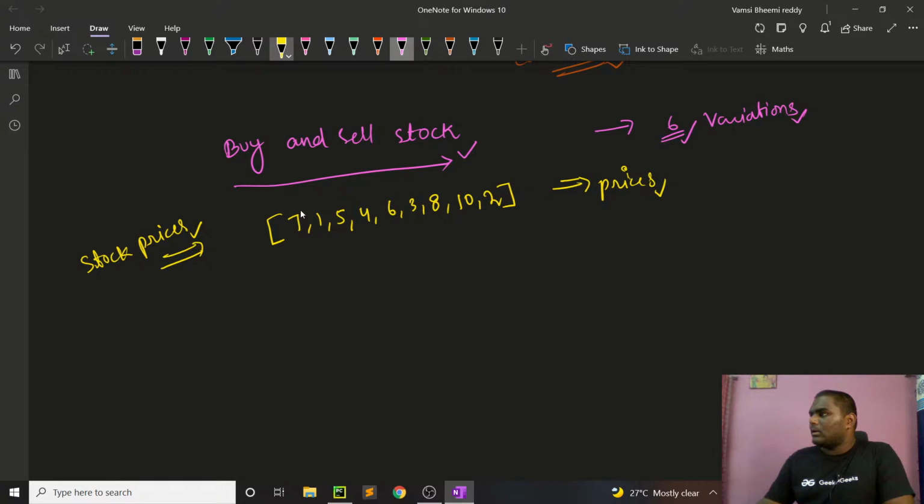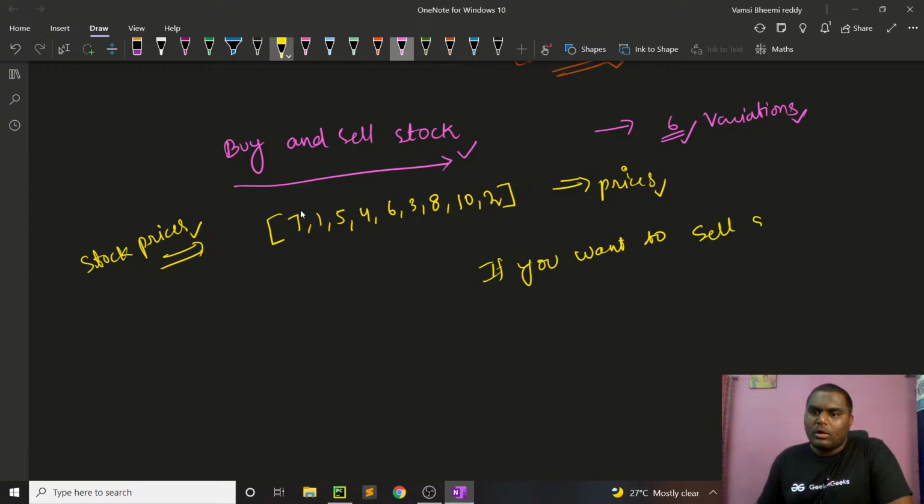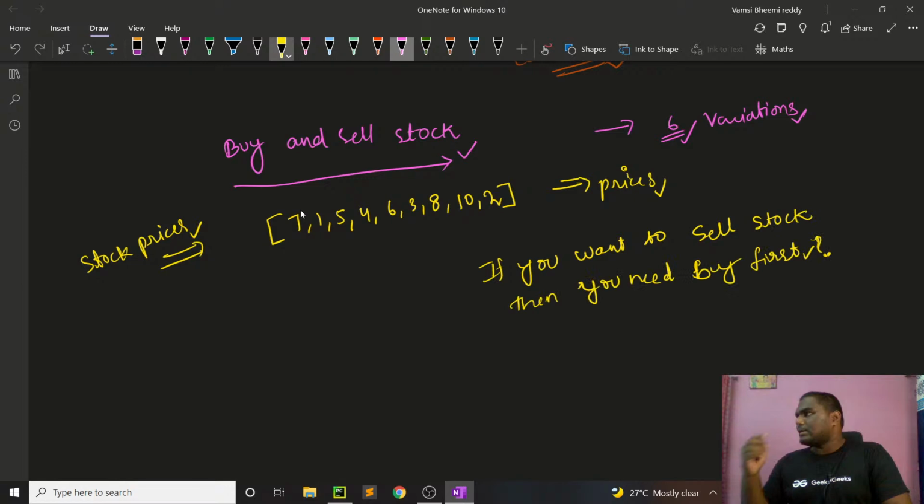What is the one basic thing in trading? If you want to sell a stock, then you need to buy first. Yes or no? If you want to sell the stock, you first need to buy that particular stock.